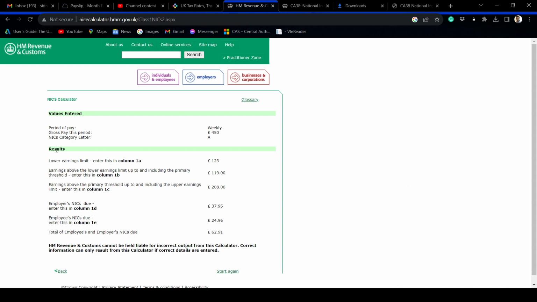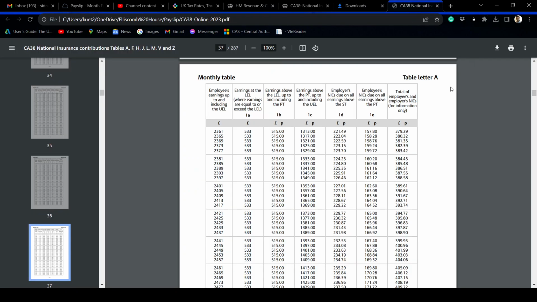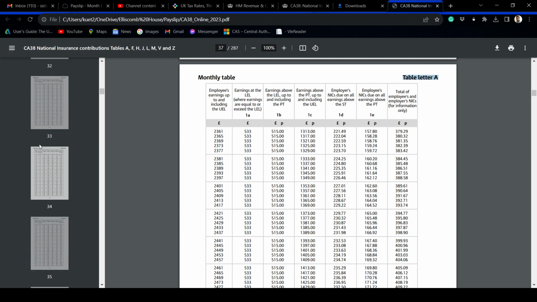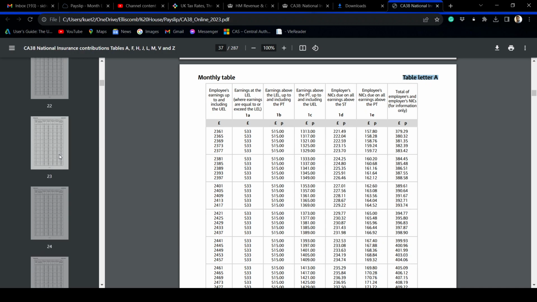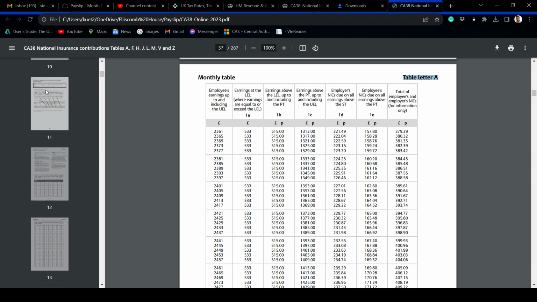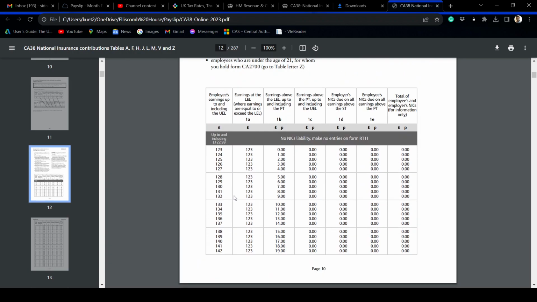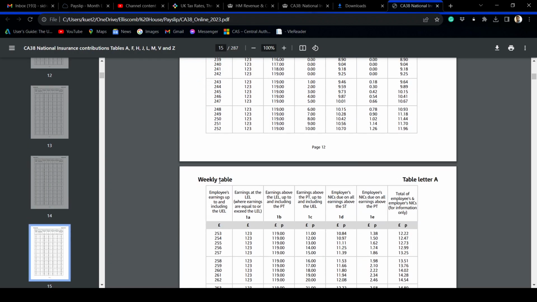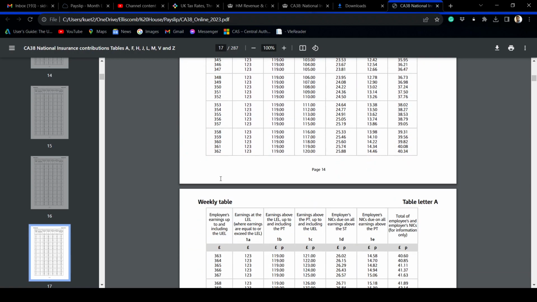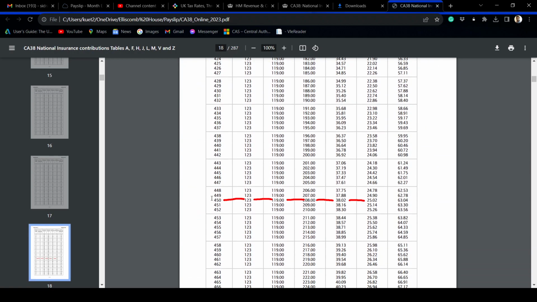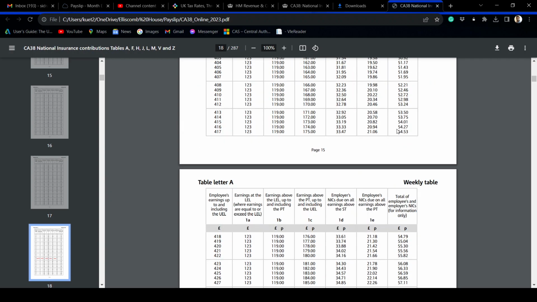In this calculator, when you see this NIC's category letter A, it means this is the table letter A, so this is basically the category letter. Up to this salary range, everything is under category A. This is actually monthly, so you need to go back to the weekly category. See, because the salary was like 450, which is basically here, that's why the category letter is A.